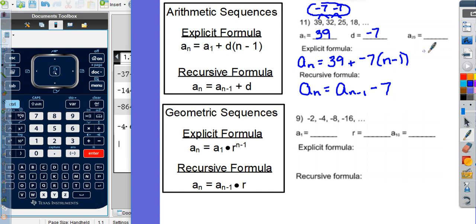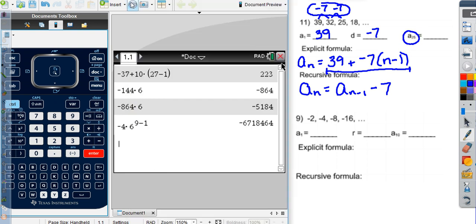And then in this one, I didn't need to fill out a table or find my sequence. It's already right there. It wants me to find a of 25. So I don't have much room to write this, so I'm just going to go straight calculator here. I'm going to plug all this in. Remember, anytime we have this right here, we're going to want to use that explicit formula. So we're going to plug this in, but now I know n is 25.